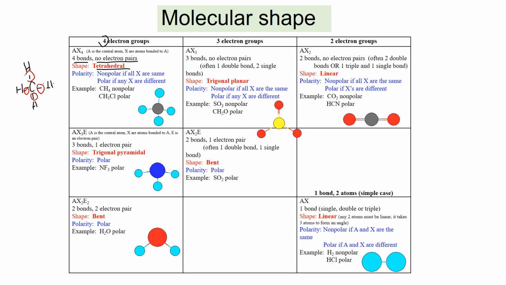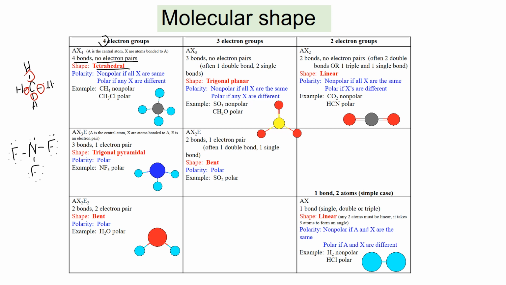Our next example is NF3, and this molecule looks like this. We have nitrogen with the fluorines. The nitrogen has 2 dots on it. The fluorines all have dots on them, but these dots don't matter because they're not on the central atom. So what we're going to look at is the electron groups on the central atom.